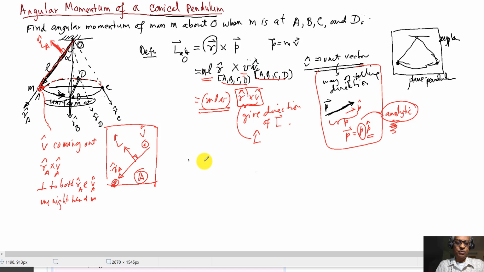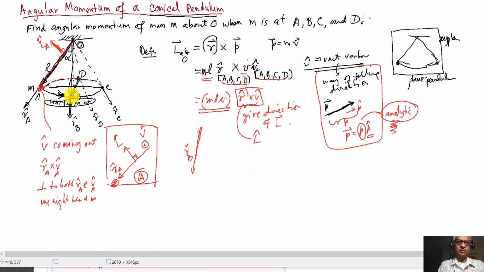The answer for B will be, now R hat of B is coming out of the paper, but not towards me.